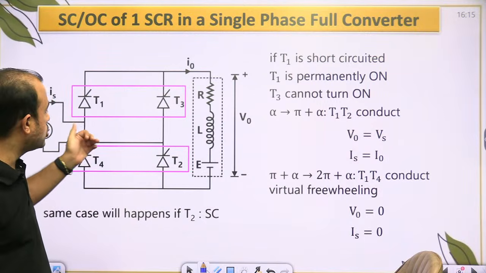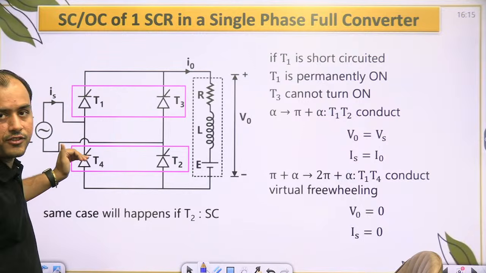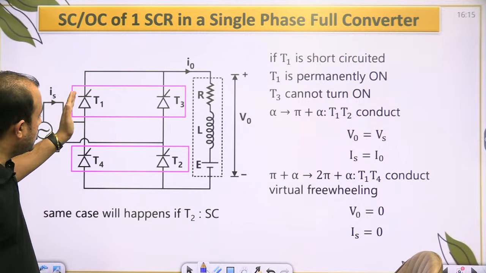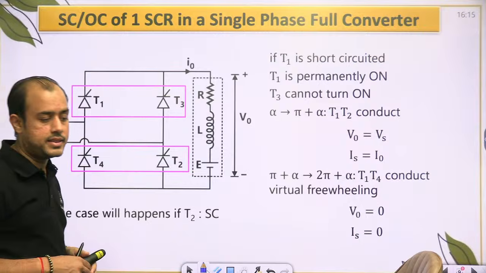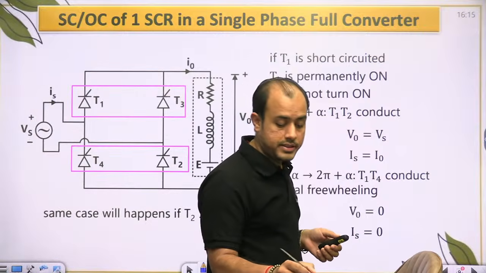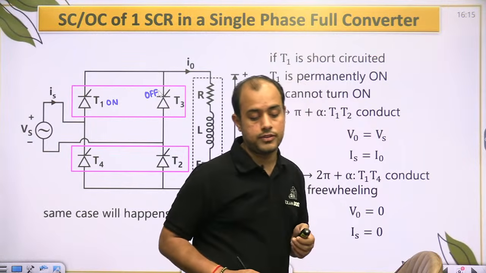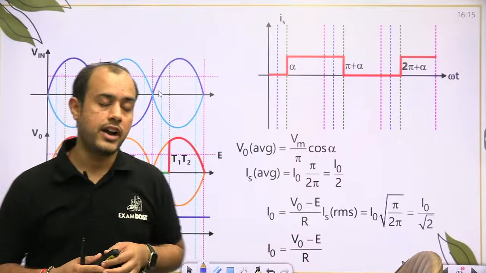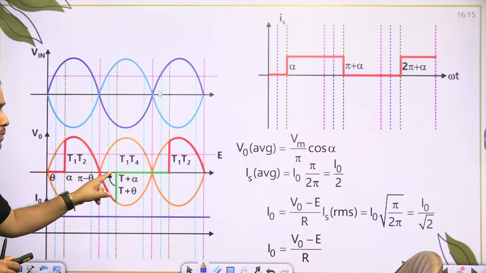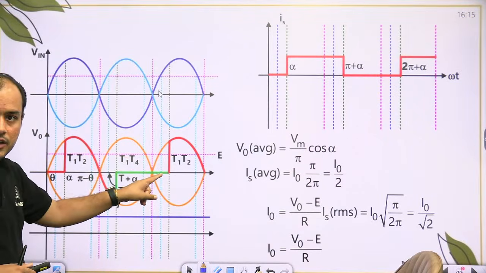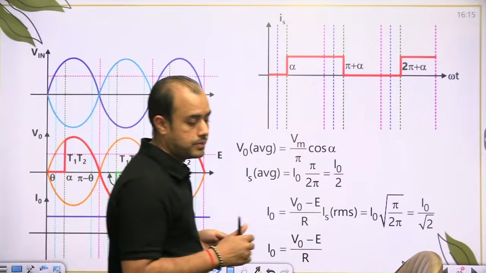Pi plus alpha to 2 pi plus alpha T1 T4 will conduct, so V0 will be 0, Is will be 0. If T1 is short circuit, T3 is off. So like this you have to think, beta. Alpha to pi plus alpha Vs, pi plus alpha to 2 pi plus alpha 0.